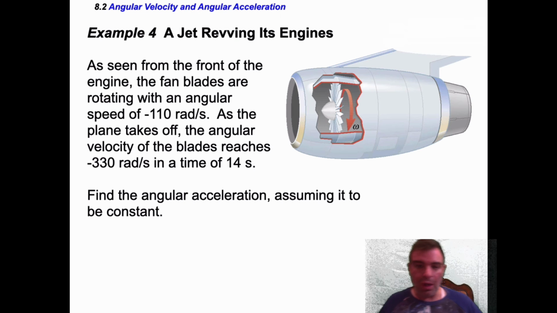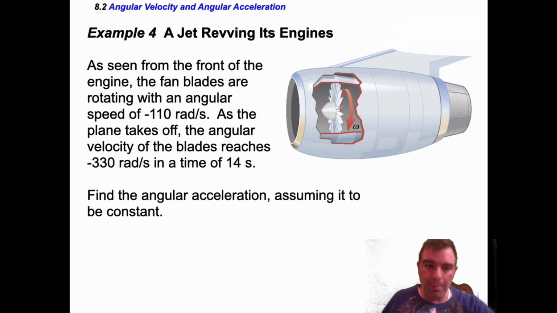So going down, let's do the following problem. As seen from the front of the engine, the fan blades are rotating with an angular speed of negative 110 radians per second. As the plane takes off, the angular velocity, so that's the final velocity, is negative 330 rad per second in a time of 14 seconds. They're asking us to find the angular acceleration.